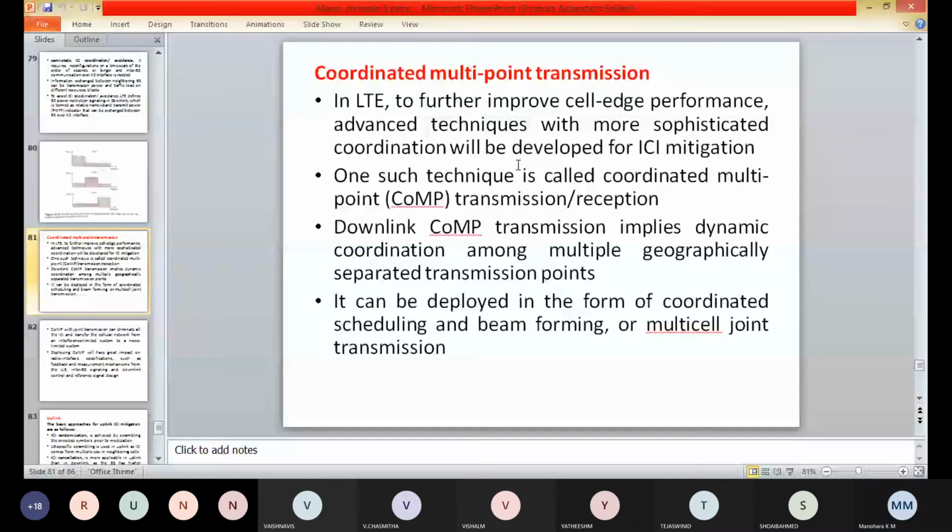CoMP, that is coordinated multi-point transmission, implies dynamic coordination among separated transmission points. It can be deployed in the form of coordinated scheduling or beamforming, or multi-cell joint transmission, which is essentially the same as networked MIMO.